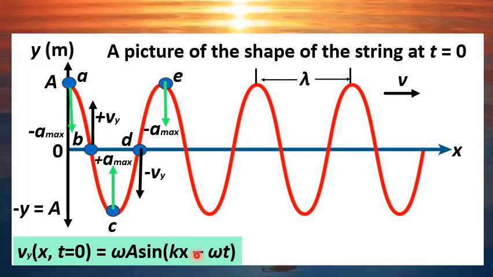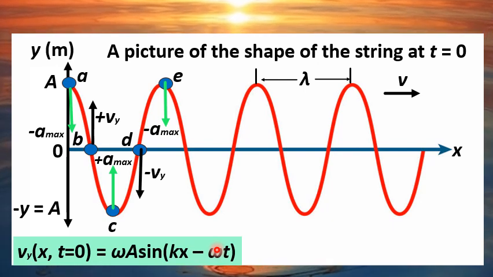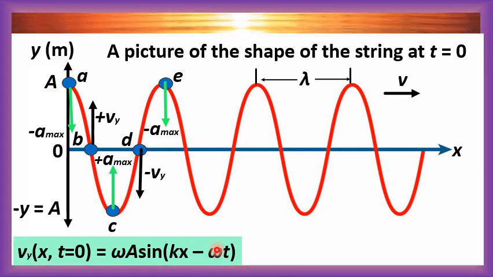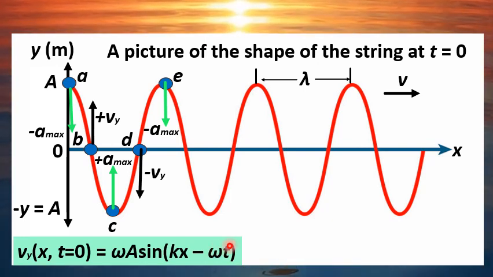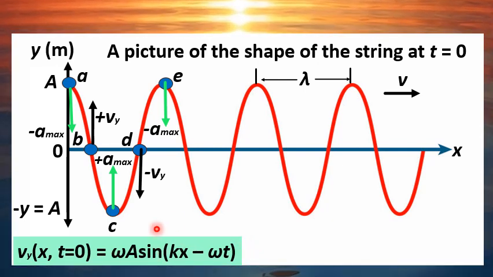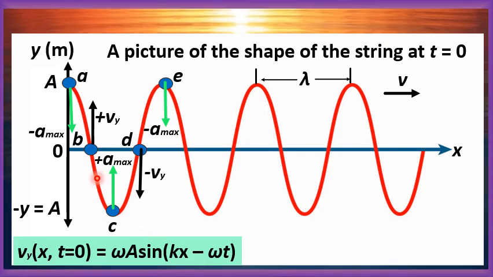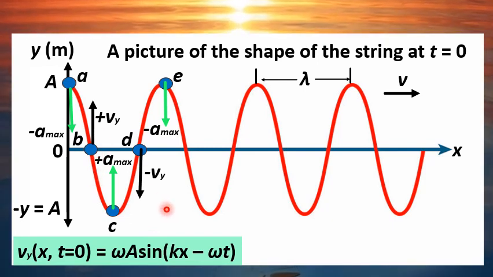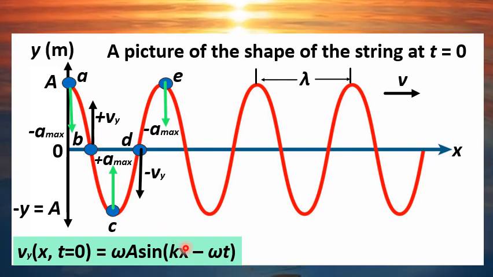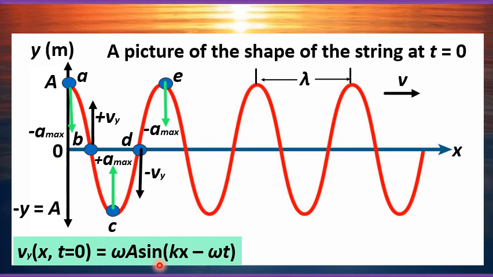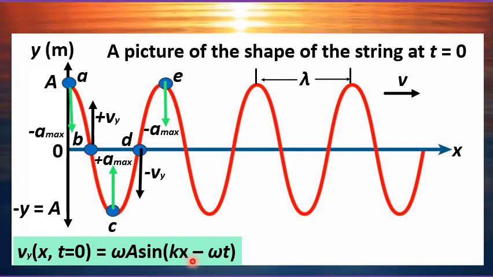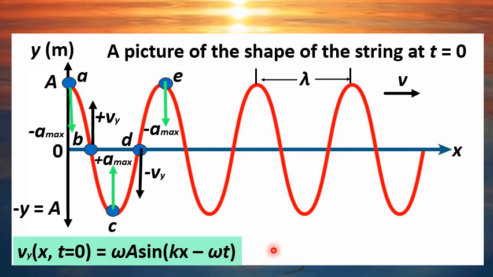Again, minus because we are still talking about the wave moving towards the positive x-axis. We can use this to determine the transverse velocity of each particle, such as particle A. Once again, all we have to do is substitute the value of x for particle A, x equals 0 at time 0.